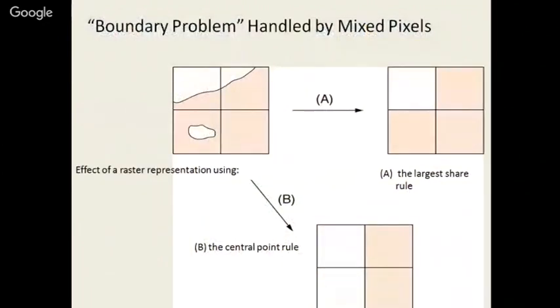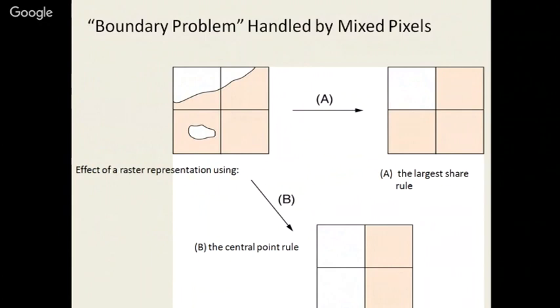The boundary problem is handled by mixed bags; sometimes grids tend to cover more than one attribute on the ground. To solve this, we use the largest share. In figure 1a, it singularizes the value using the largest share.